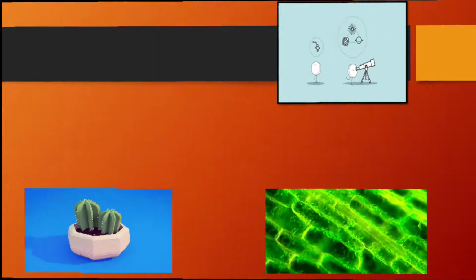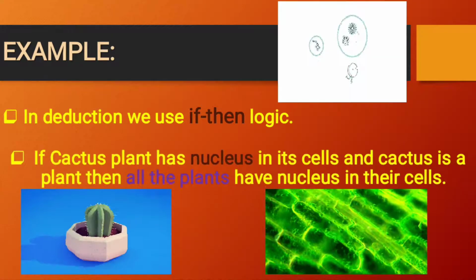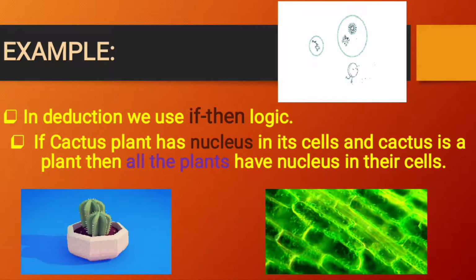Students, in deduction, we use if and then logic. Let's take an example. If cactus plant has nucleus in its cell and cactus is a plant, then all the plants have nucleus in their cells.